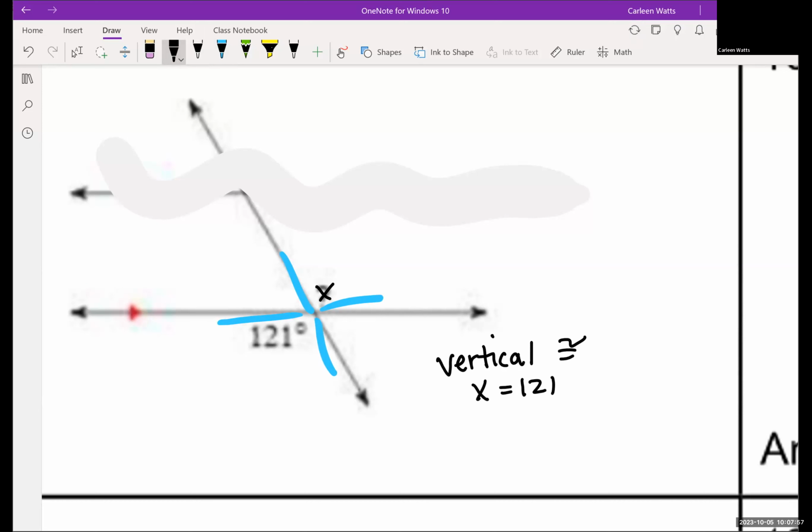It's always good when you look at those, you're thinking, is it an obtuse angle or is it acute? So these are obtuse, and the other ones are acute. And then the linear pair, you're going to have one obtuse and one acute.